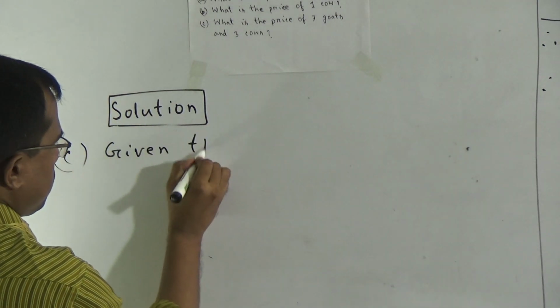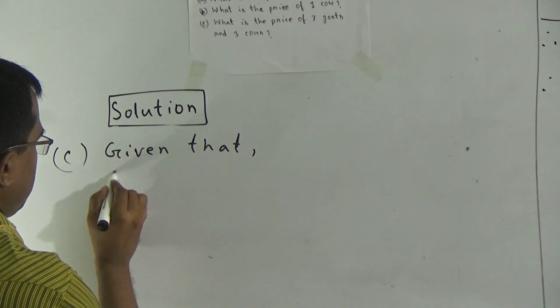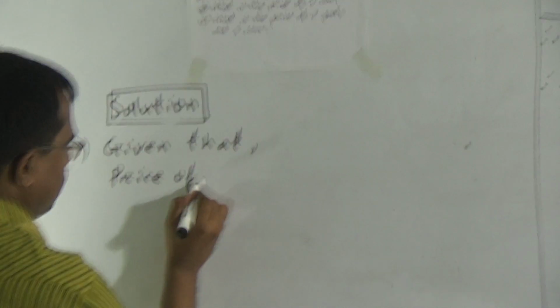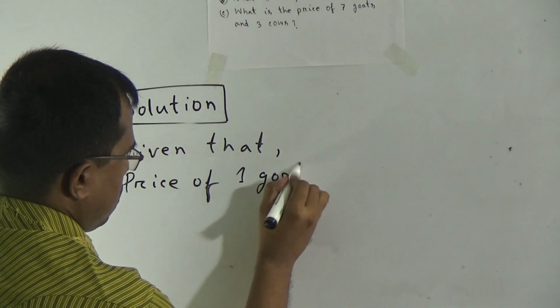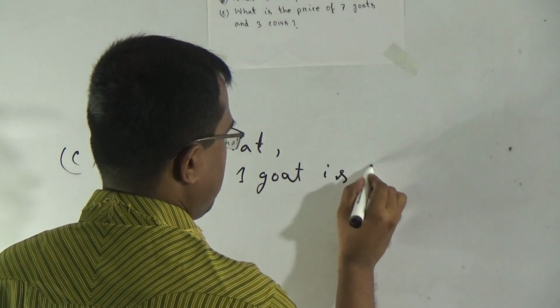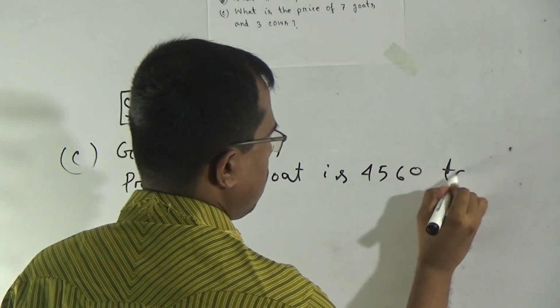Given that price of 1 goat is 4,560 taka.